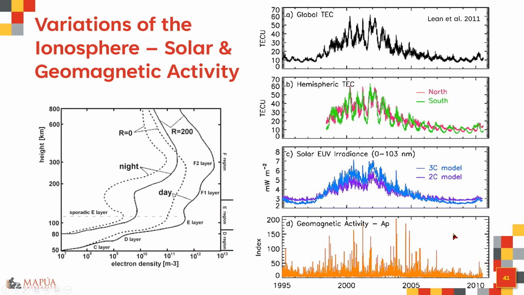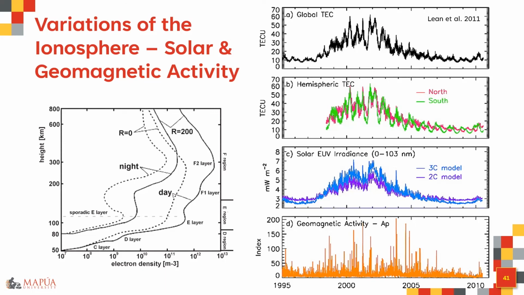So what we've talked about today is the general behavior of the ionosphere and how we measure these important parameters, the NmF2, hmF2, and the total electron content. We have to know how to precisely measure these as best as we can, because we need these parameters to know how space weather affects us on the ground.